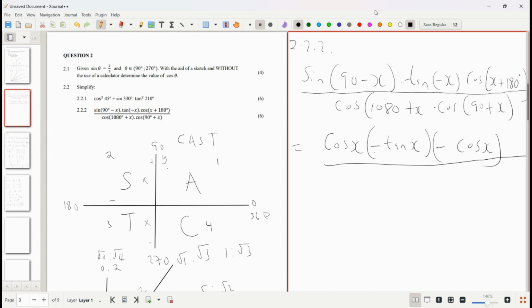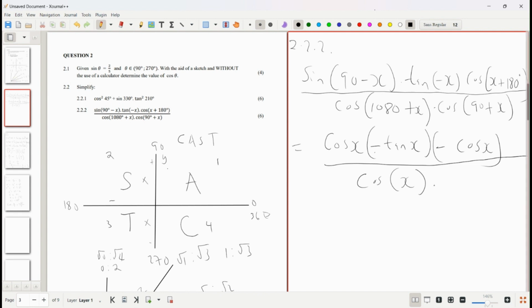It means this one is the same as adding 0. So you can minus 360 and you'll get back to cos x. So this can be written as cos x, because this can be minus by 360 three times. So it will be 0. So it can be written as cos x.